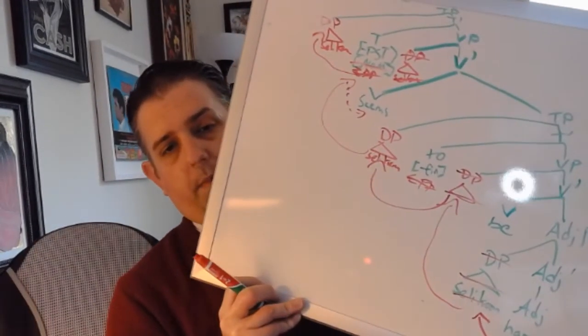In doing so, it will stop at the intermediate specifier of T position and check the EPP of that intermediate TP. So everything in this sentence is happy. And the main reason is that there's a non-finite T down low, which does not offer case.